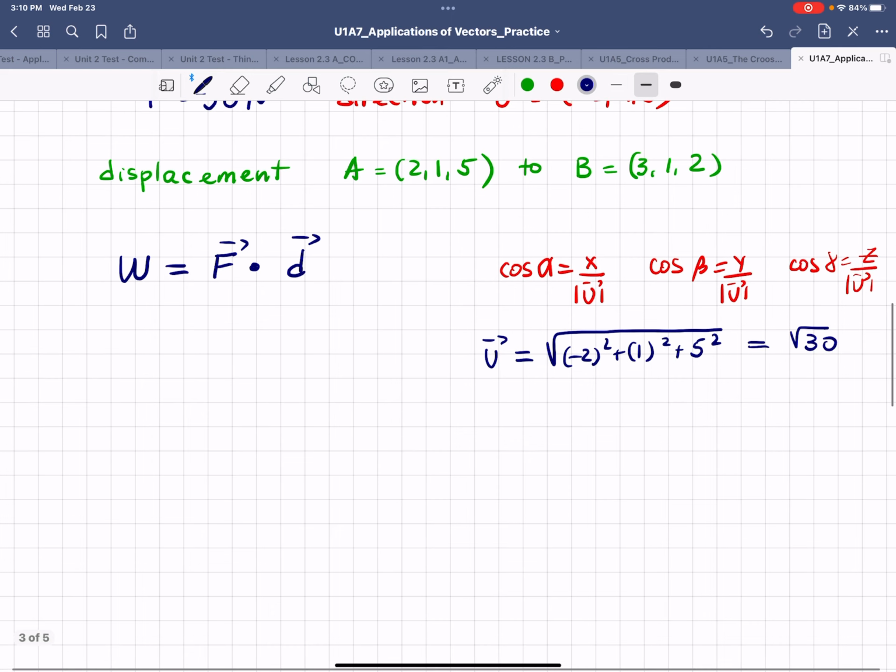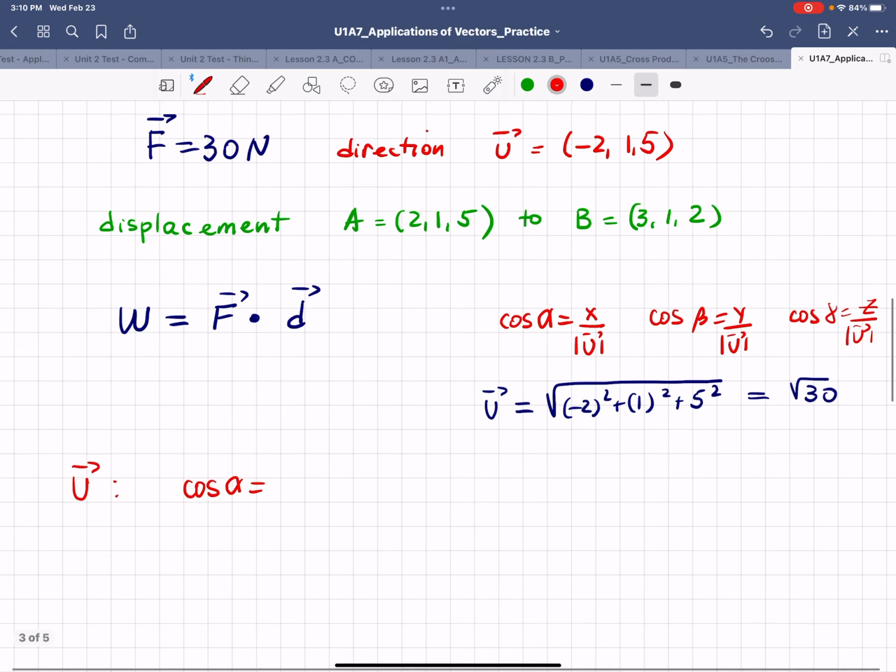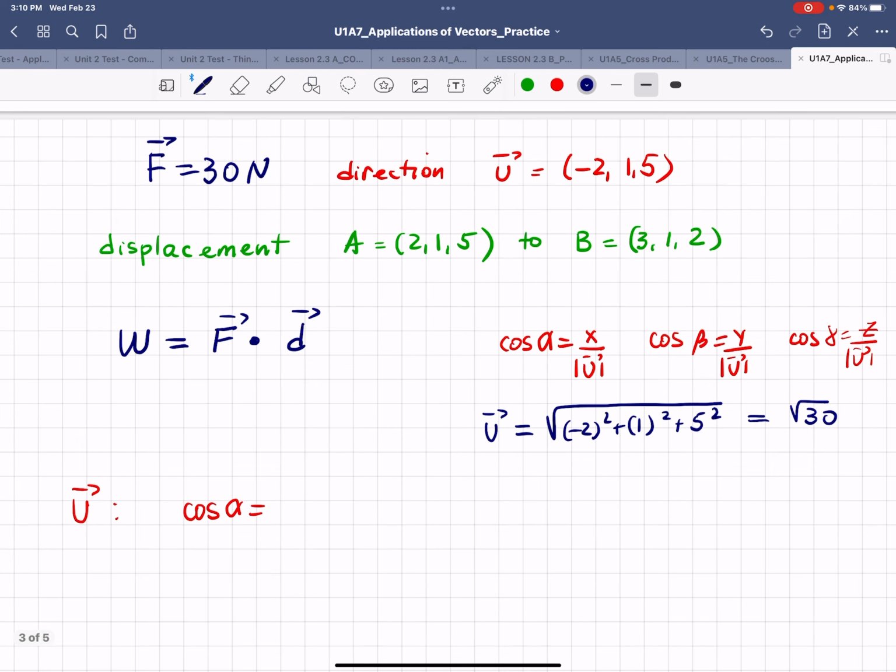So for vector u, the direction cosine alpha equals x, which is -2, divided by the magnitude, root 30. Cos beta, the angle made with the y-axis, is the y-coordinate over the magnitude, so 1 over root 30. And cos gamma, the angle made with the z-axis, is the z-coordinate over the magnitude, so 5 over root 30.